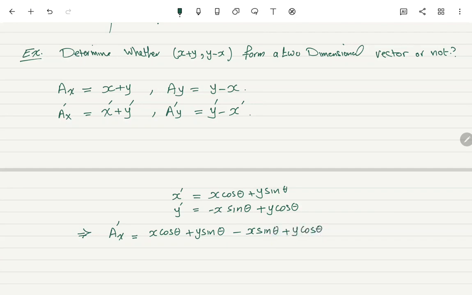or we can rewrite it as x plus y, we just accumulated this one with this one, cosine theta and y minus x sine theta.